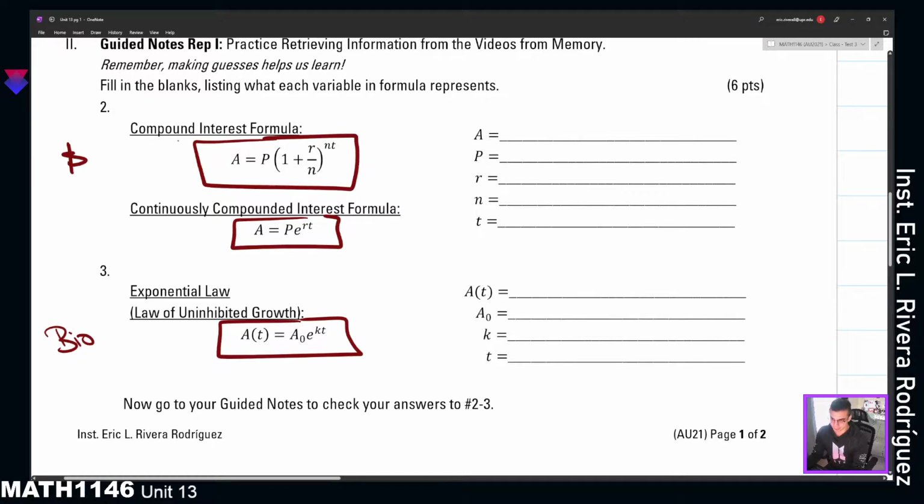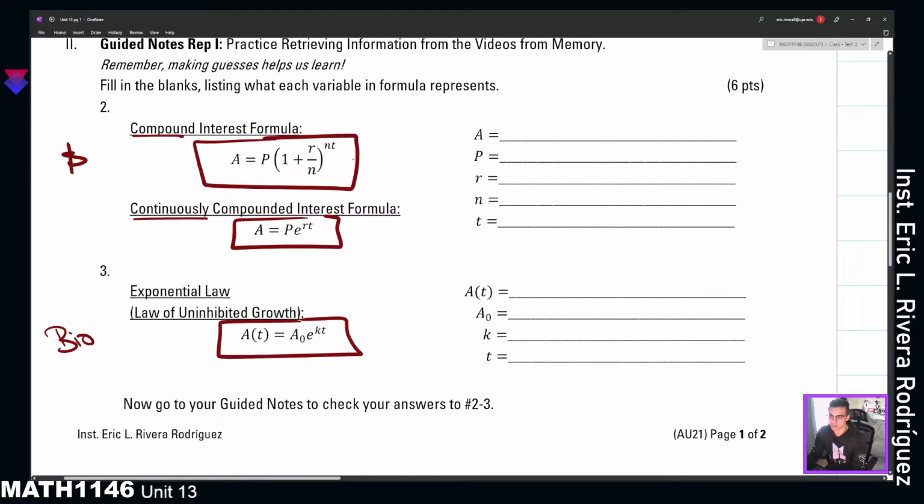From the first two formulas, the ones related to financial situations, we have two ways to calculate the interest: the compound and the continuously compounded. We are going to explore what they mean.